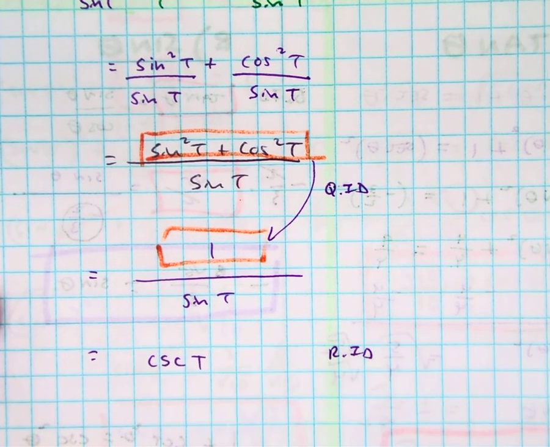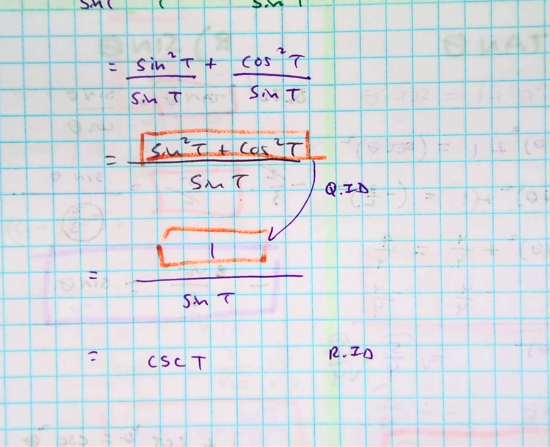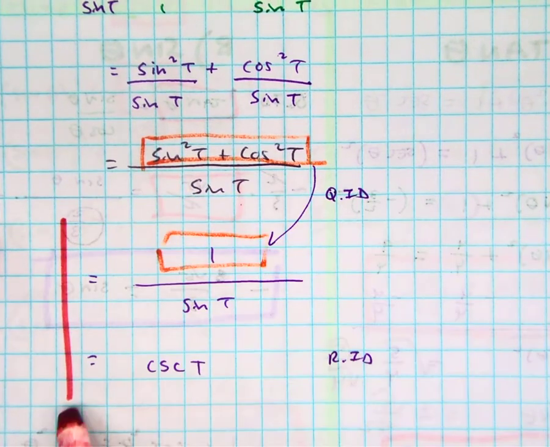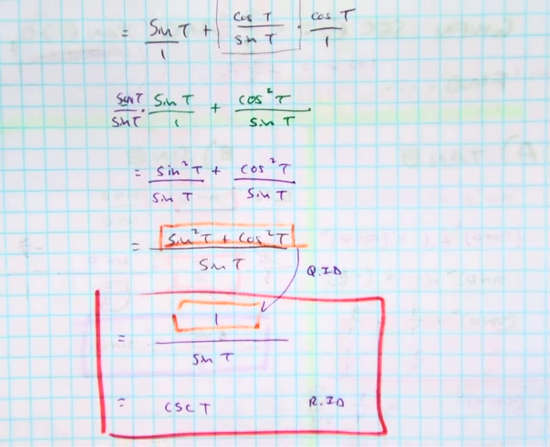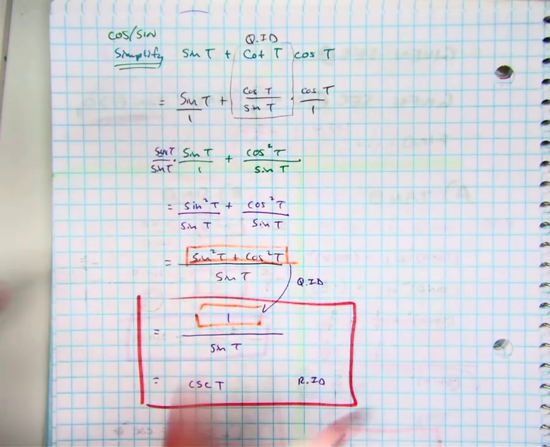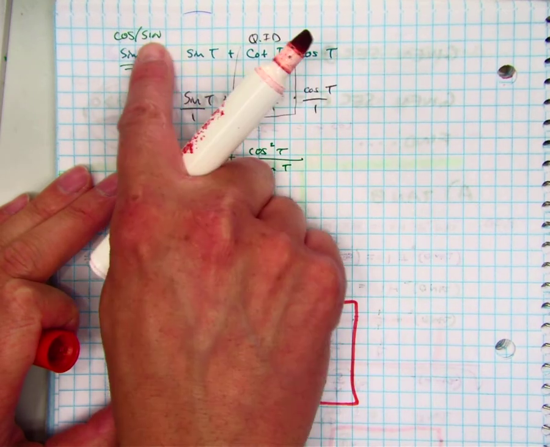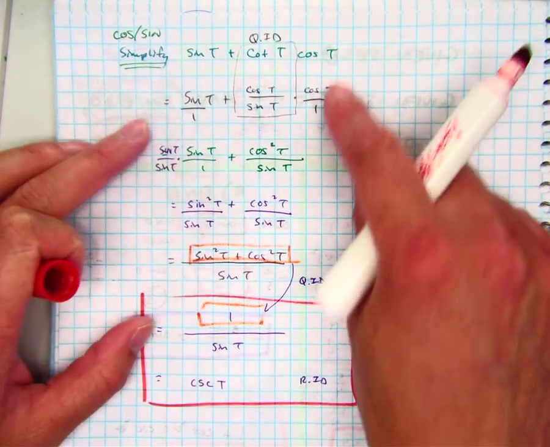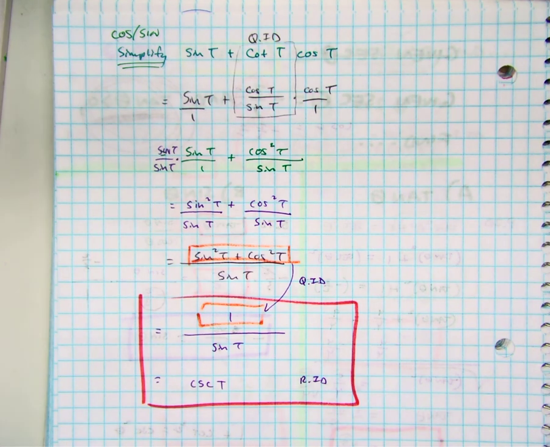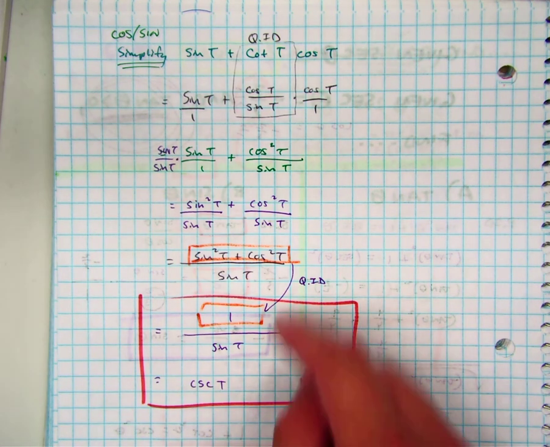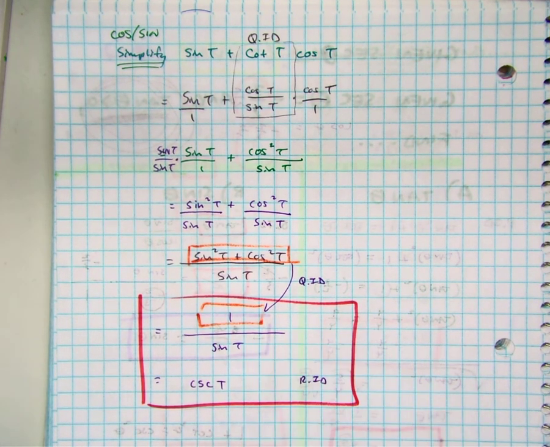Cosecant t. So either of these answers would be acceptable. So when you get a problem like this, it says simplify it, change all of them into sine and cosines, simplify as much as you can. If it tells you explicitly to simplify using sine and cosine, then leave your answer in terms of sine and cosine.